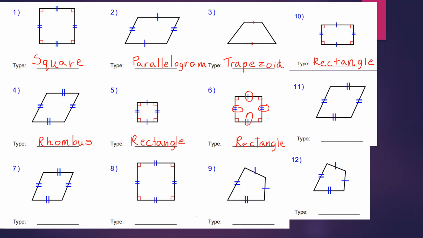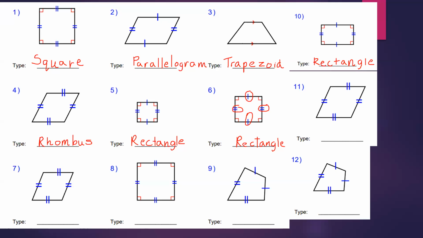All right, next person is Julicia. What do you have for number 11? Sorry, I could barely hear you. I had a rhombus.